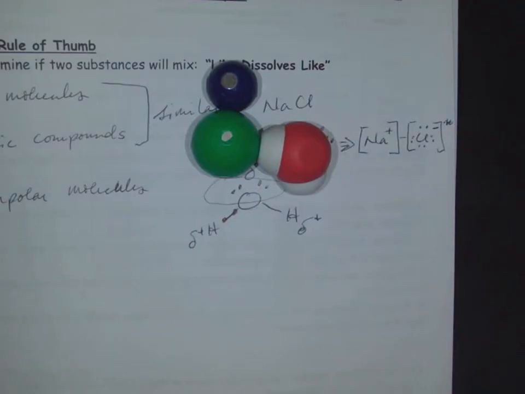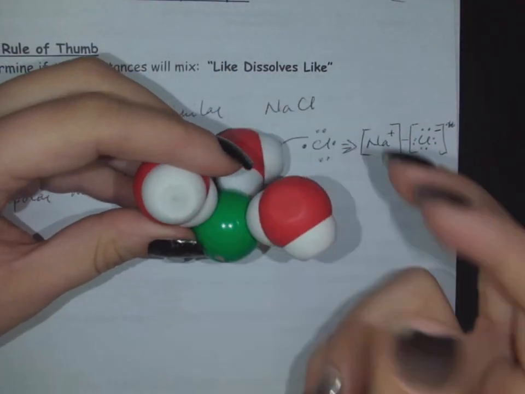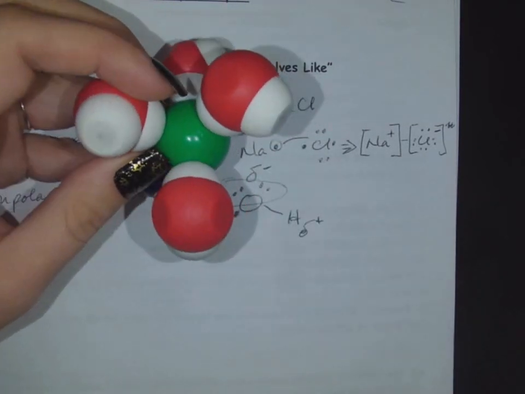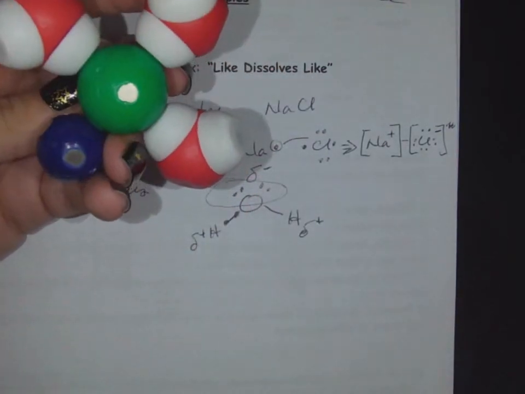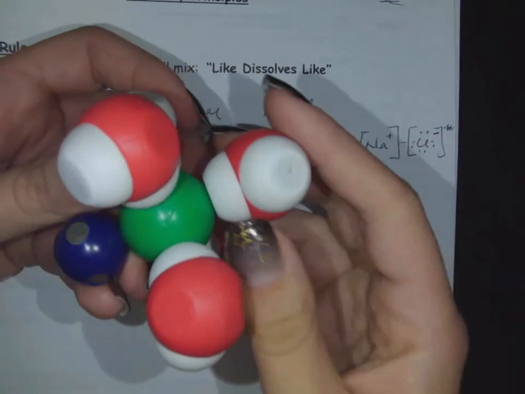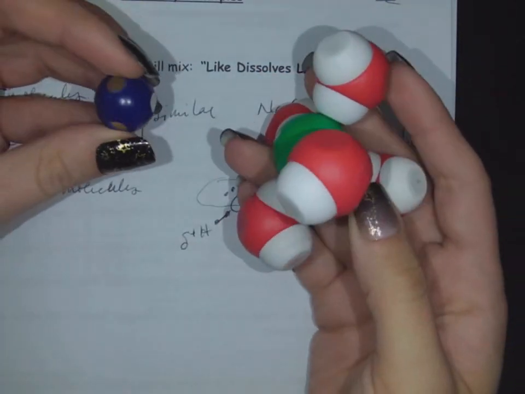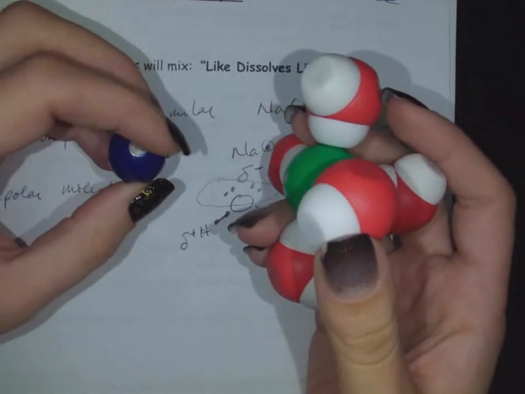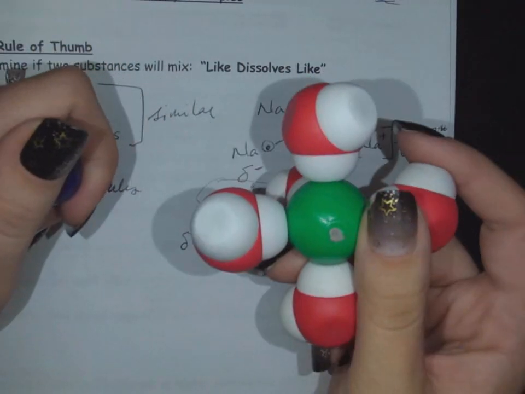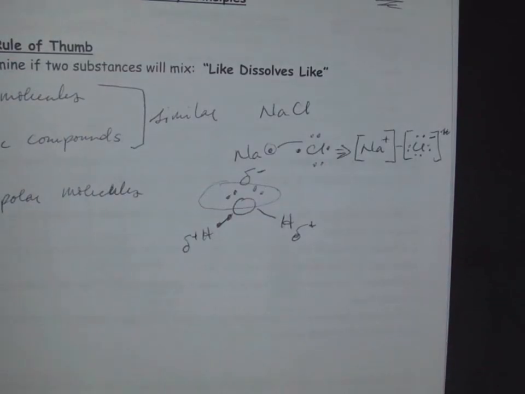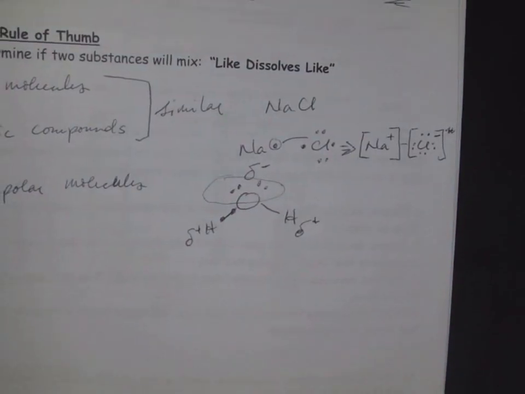And we can get enough of these water molecules to surround these ions, and all of these water molecules together are strong enough to pull apart the ions and dissolve it, right? So that we have free-floating ions inside of water. Okay? So, likes dissolve likes. Ionic compounds are dissolved by polar molecules.